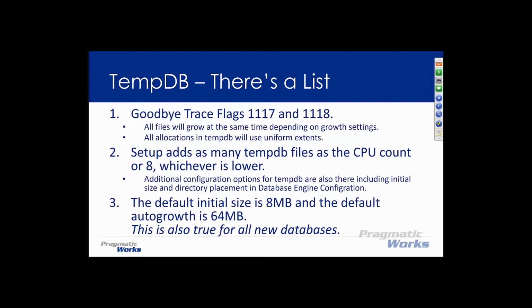It adds as many Temp DB files as CPU count, or 8, whichever is lower. So it's automatically splitting your files because it assumes that if you're running SQL Server, you want to be able to do this and configure it. Now, if you're managing a lot of SQL Server instances and you deploy, maybe you have your own VM set, and you want to set a specific set of parameters whenever you create a new one, you can go into the database engine configuration and fix those and set that up the way you want it.